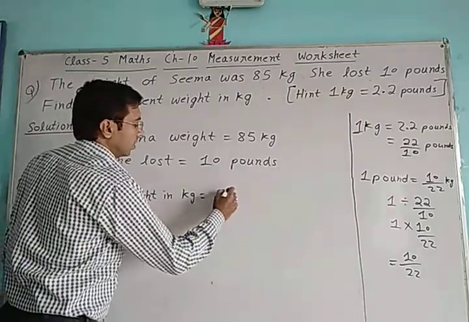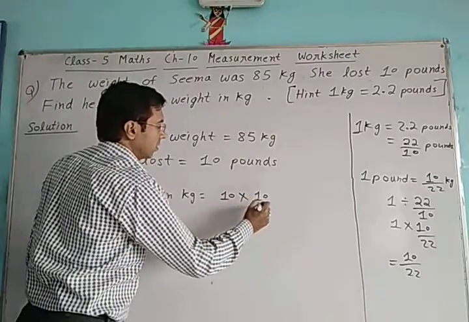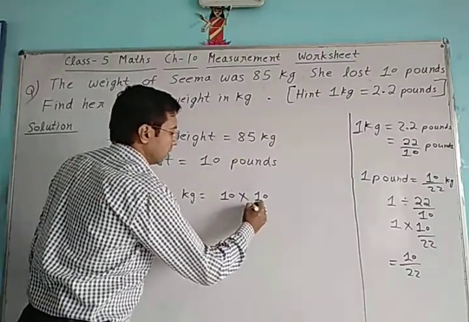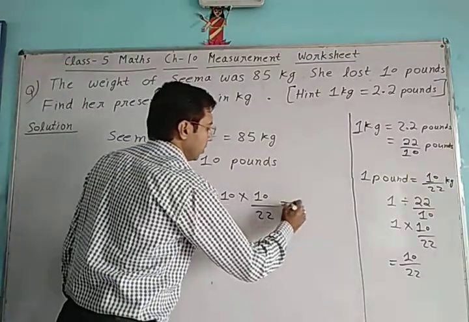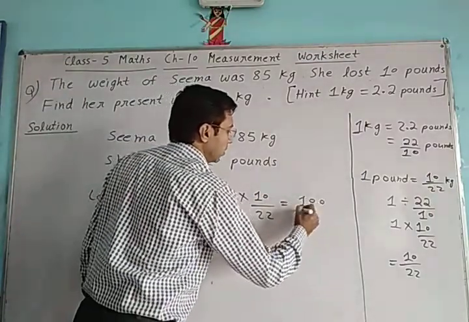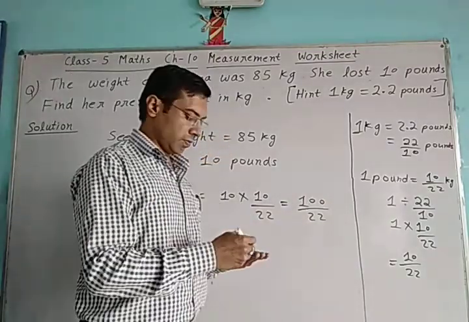So 10 multiplied by 10 upon 22 means 100 upon 22. Now students, we divide this.